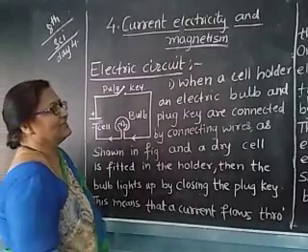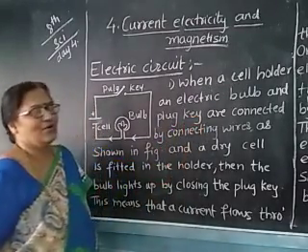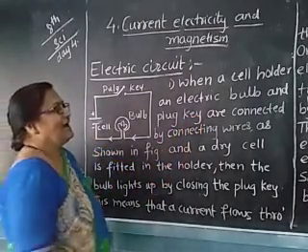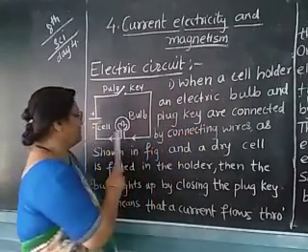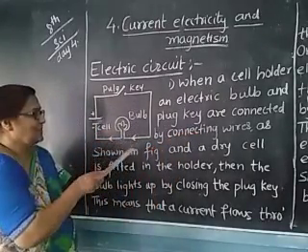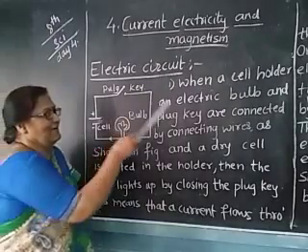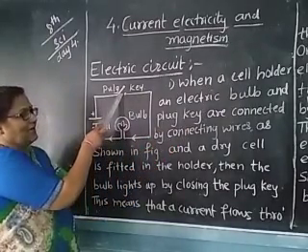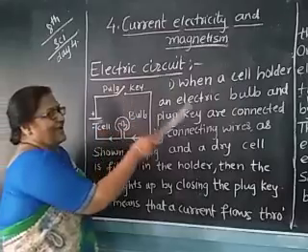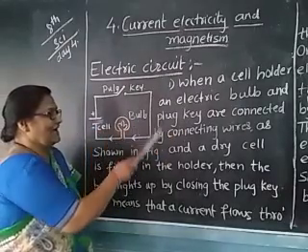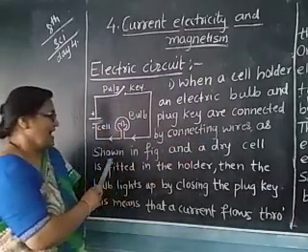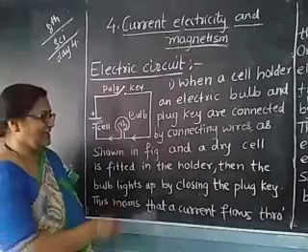There is a cell holder and there is an electric bulb. See here, this is nothing but a circuit. Here is an electric bulb and a plug key, and they are connected by connecting wires as shown in the figure.